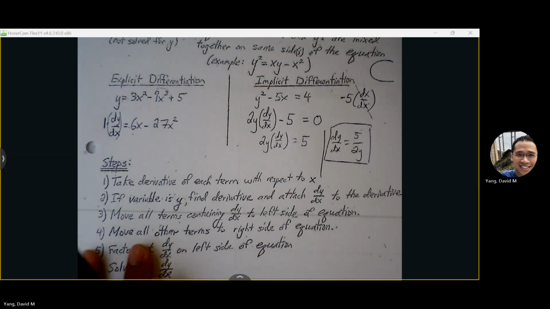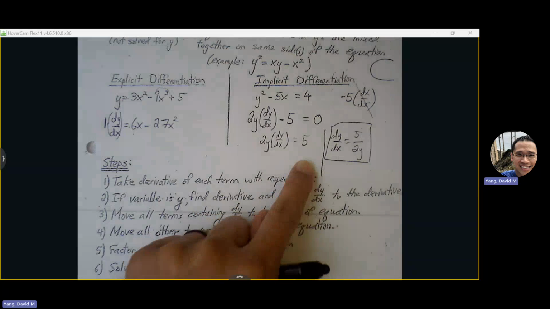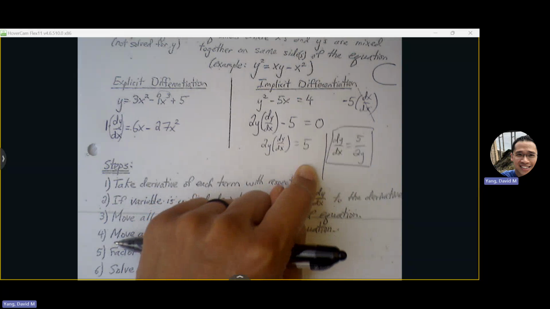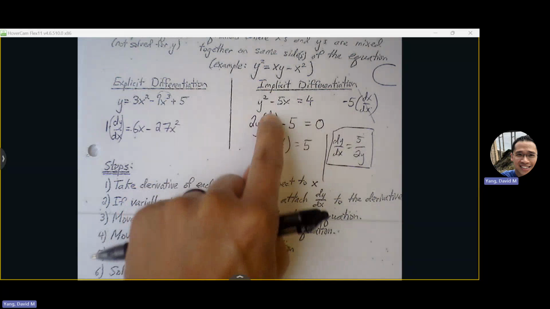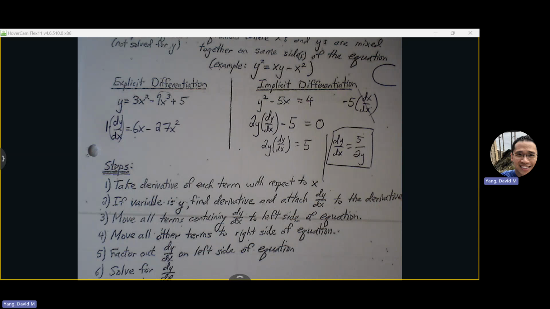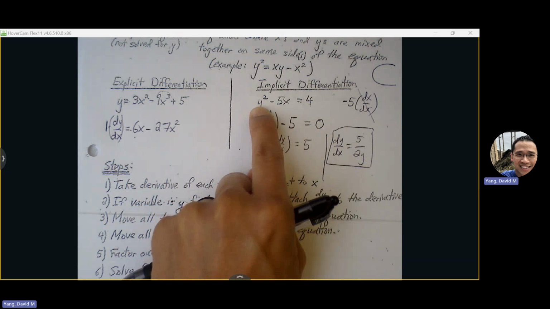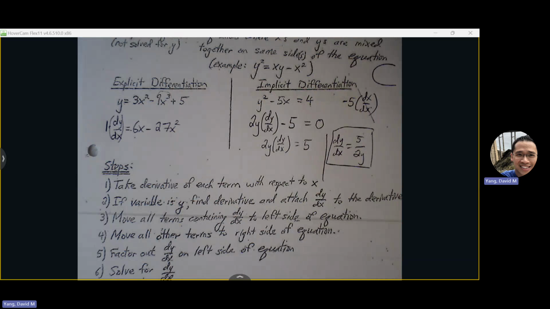Okay. So really, that's all we're doing today, just practicing with implicit. And we should be able to tell when to use implicit. You're not going to be told, okay, this one do implicit, this one don't do implicit. The way that we tell is we look to see if there's something different about the y. Either you see multiple y variables, or you see something done with the y, like square root of y or y squared, that you typically don't see.